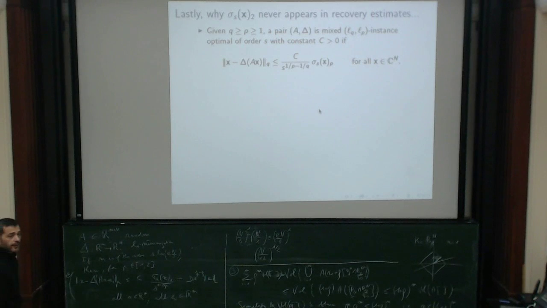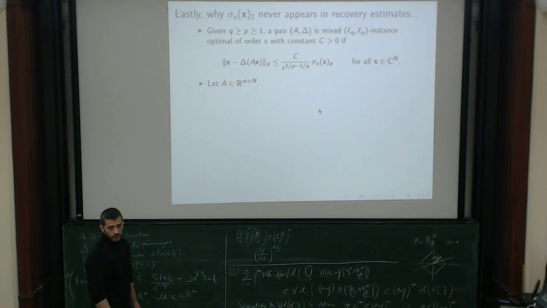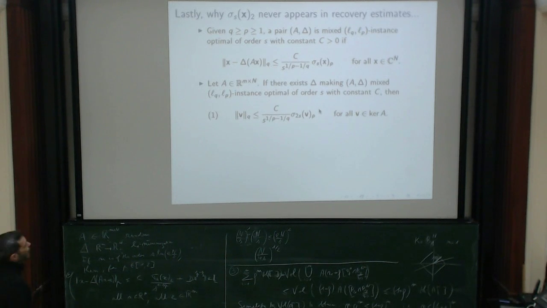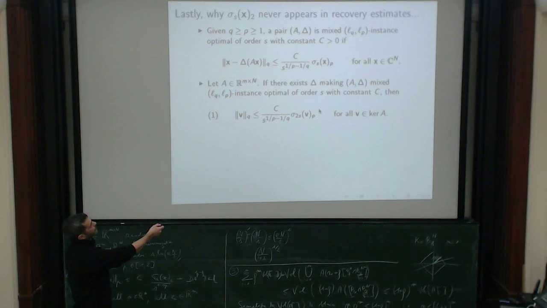So when can that happen? In fact, there's an if and only if condition very close to the null space property. So fix the matrix A, and then when does there exist a reconstruction map making that pair LQ-LP instance optimal of order S? Well, if this happens, then we have the following property.